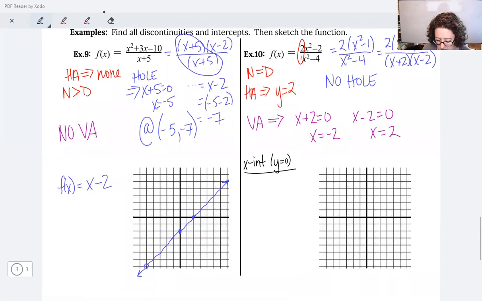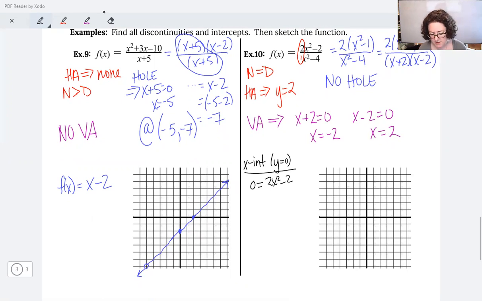And so if 0 equals 2x squared minus 2 over x squared minus 4, wait a second. If I tried to solve this out with the denominator and multiply through on both sides, my denominator is going to cancel out. So really, all I care about is what's going to make that numerator 0. Okay, so let's just do that.